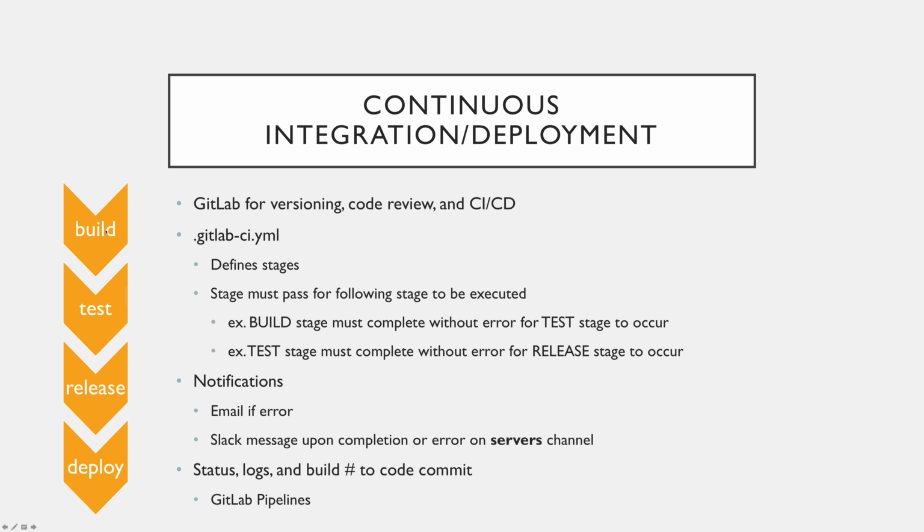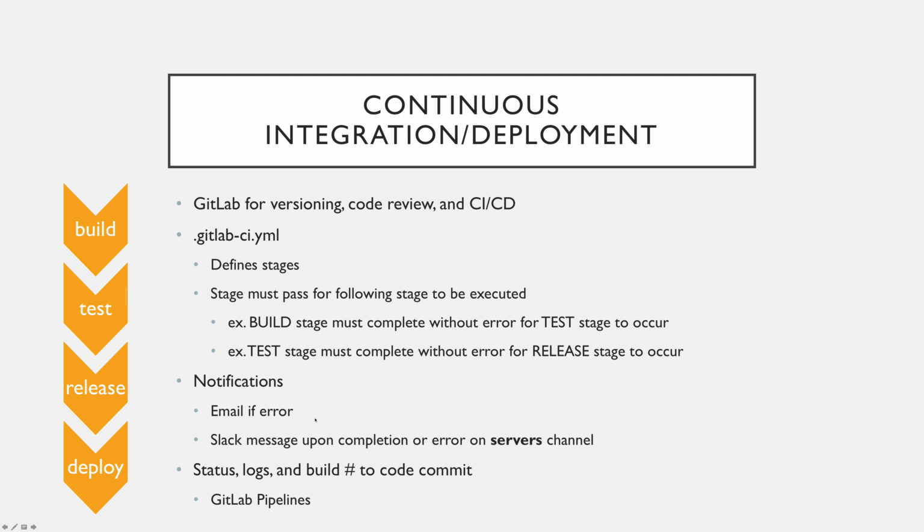However, the actual stages themselves do not run in parallel, so a previous stage like build must pass before test is run, and likewise test has to pass before the release stage will actually occur. That one will happen. These two are going to happen more often. It should be rare that the release stage fails. That would only happen if all of the cloud providers are offline at the same time, which I hope never happens because that means that a majority of the internet is offline.